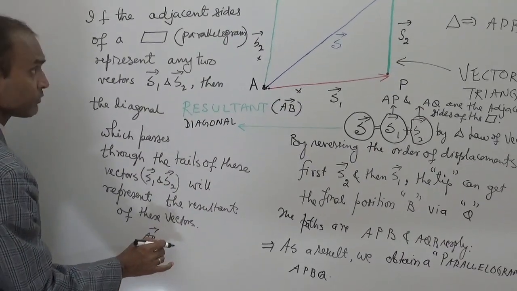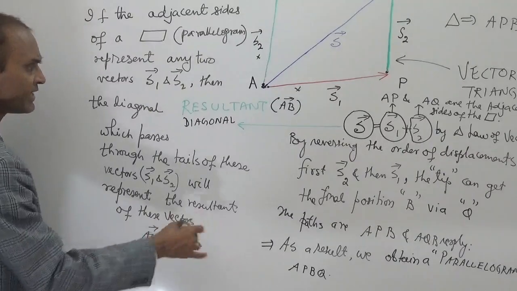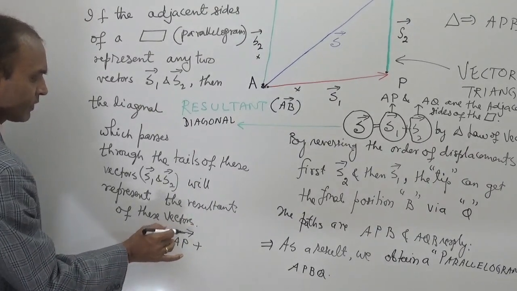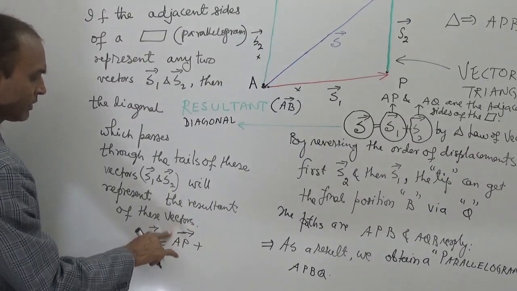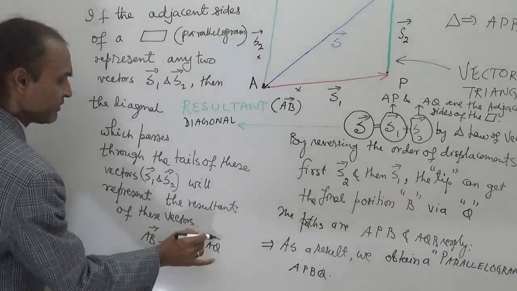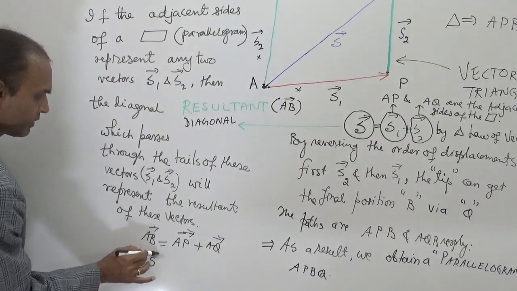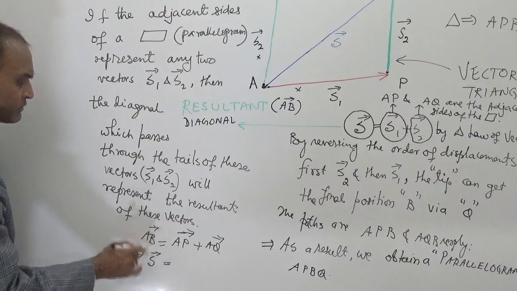vector is equal to the adjacent sides represented by the vector AP and the vector AQ. AB is the net displacement or resulting displacement.